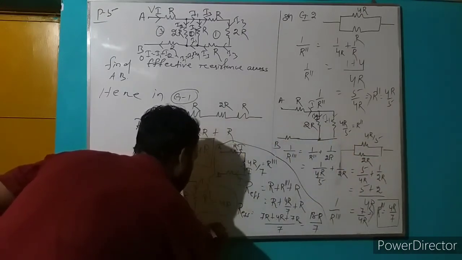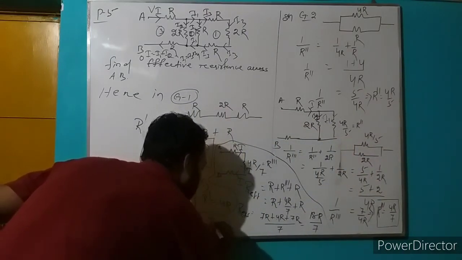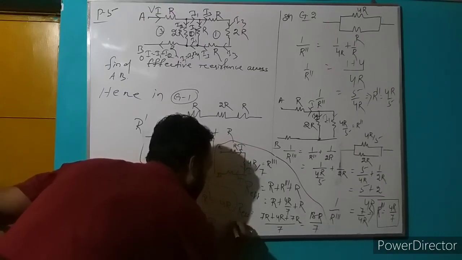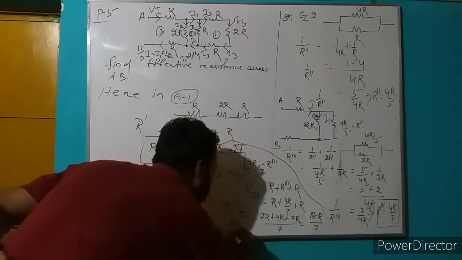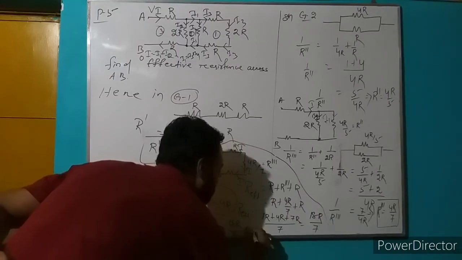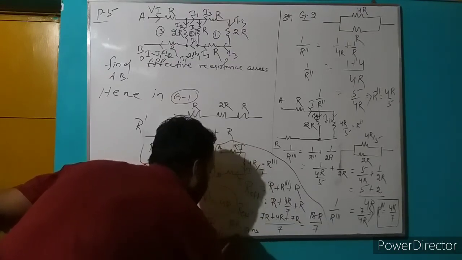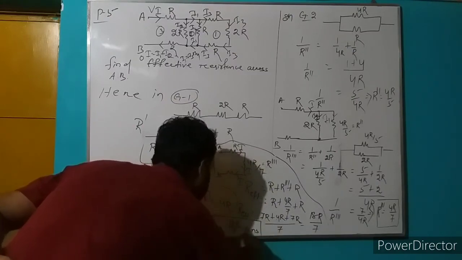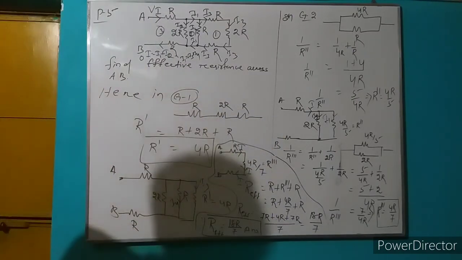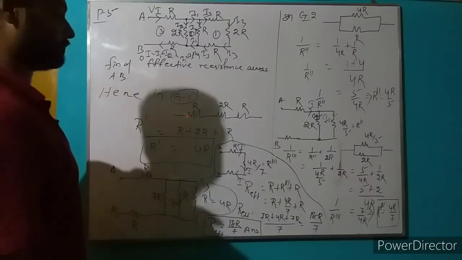Therefore the net effective resistance R effective equals 18R by 7. This is the answer.